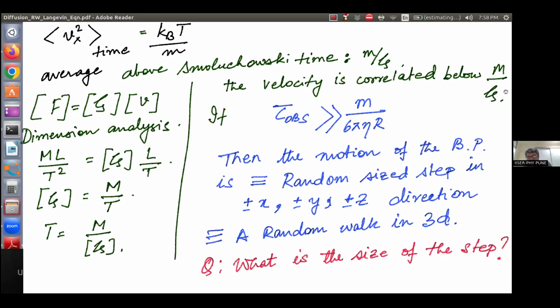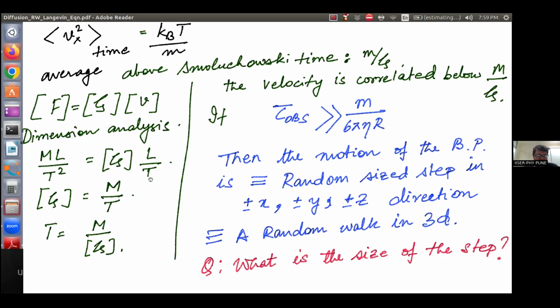Just to give you an idea why m by zeta has dimensions of time. This is a dimensional analysis. Force equal to zeta v, right? I'm not writing the minus here.